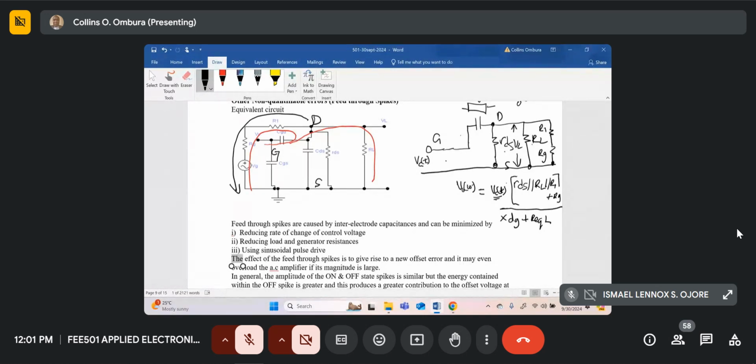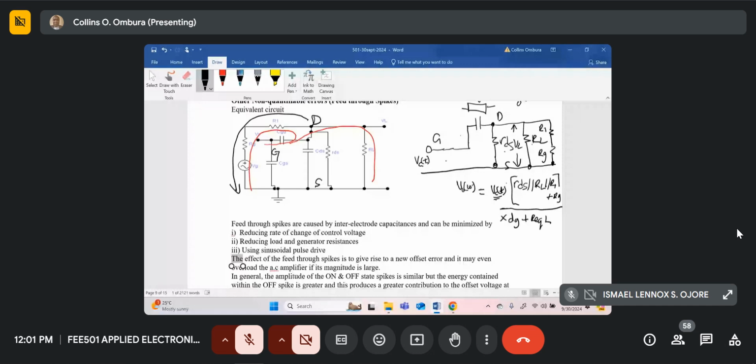And then the other one is to use a sinusoidal drive. So instead of using rectangular waveforms, you can use a sinusoidal drive. The maximum rate of change of a sinusoidal driven voltage is less than that of a pulse waveform.